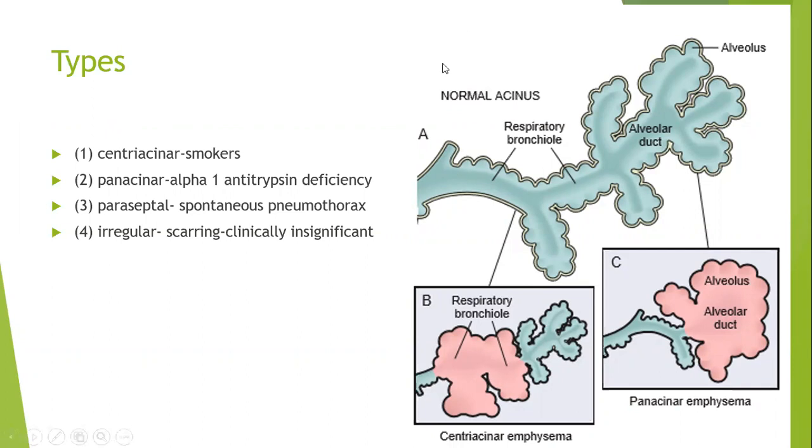In paraseptal type of emphysema, only the terminal part, the alveolus and the alveolar duct, enlarges, and this usually happens close to the pleura, and results in formation of multiple blebs and bullae. So when these rupture, the patient can develop spontaneous pneumothorax. In irregular type of emphysema, there is usually scarring associated with enlargement of the air spaces, and usually it is very small and clinically insignificant. So this is something that you usually don't encounter. Next slide.